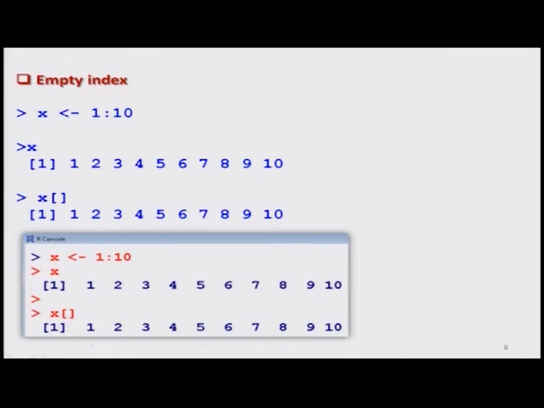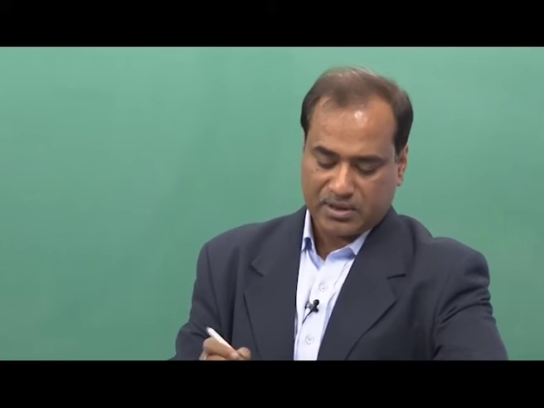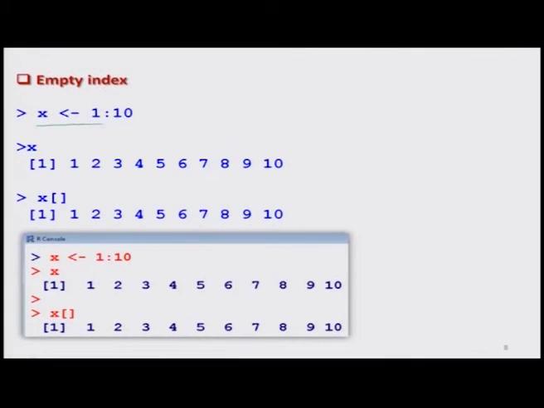Now, one thing you have to understand is what happens when we do not write anything inside the index, that is, when an index is empty. Suppose I generate a sequence from 1 to 10 and assign it to a variable x. So this is my vector with values 1, 2, 3, 4 up to 10.